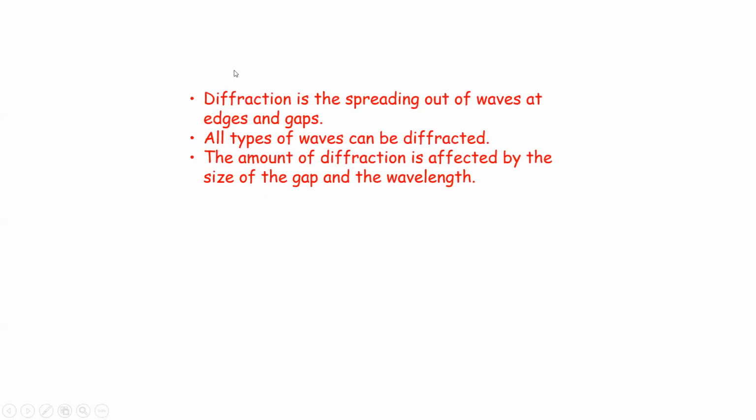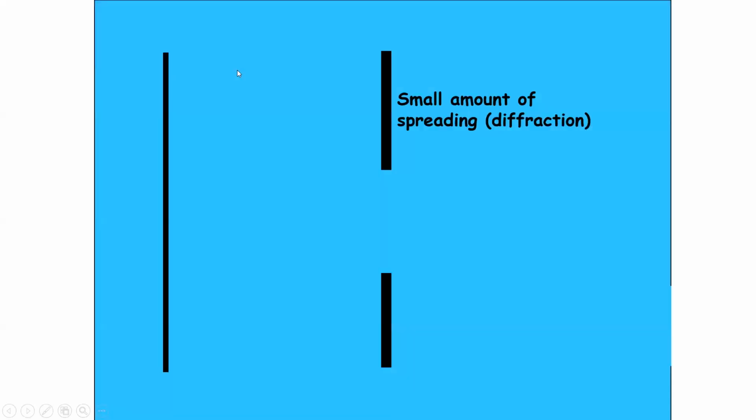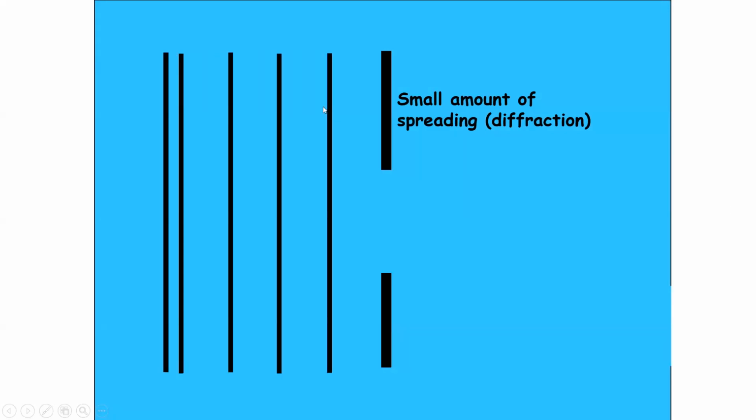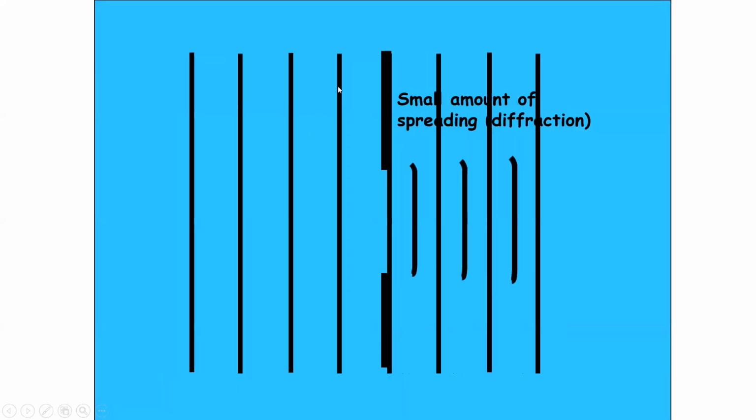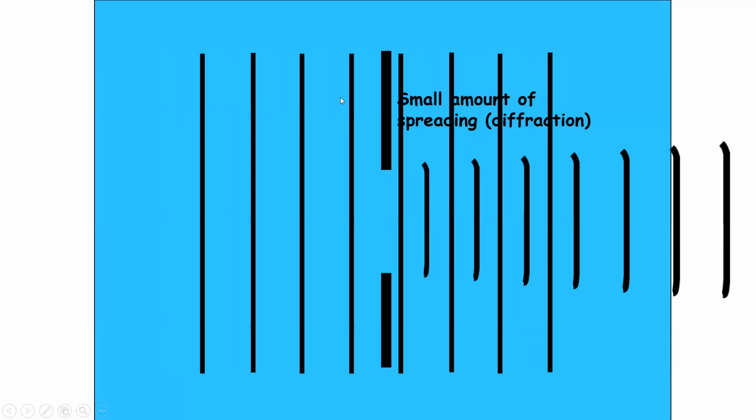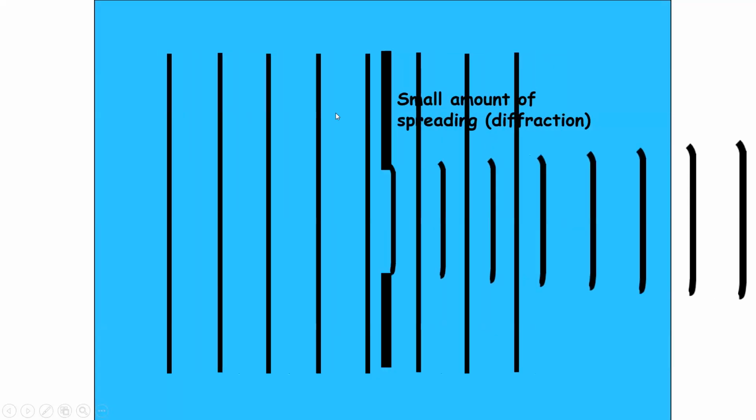Then diffraction means spreading of the wave around the edges. When the wave passes through a gap, it spreads out and we call that diffraction. For example, if we have a large gap and the wavelength is smaller, diffraction will occur, but only a small amount of the wave will diffract.